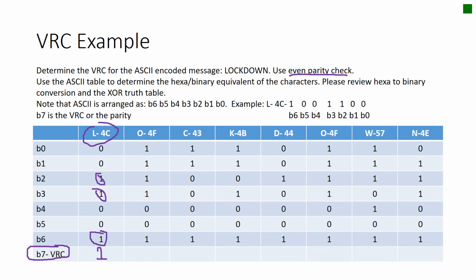Okay, let us try that for character O. 1, 2, 3, 4, 5. So the VRC again should be 1, so that the total number of ones will be even numbered. Do that for the rest of the characters.